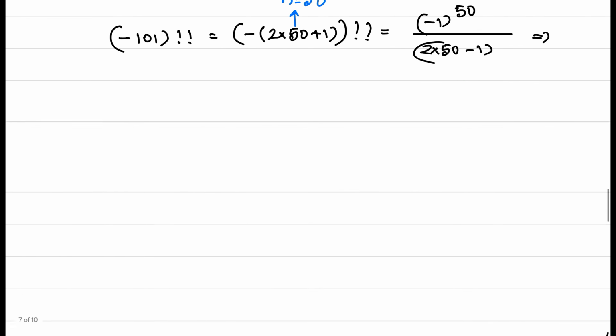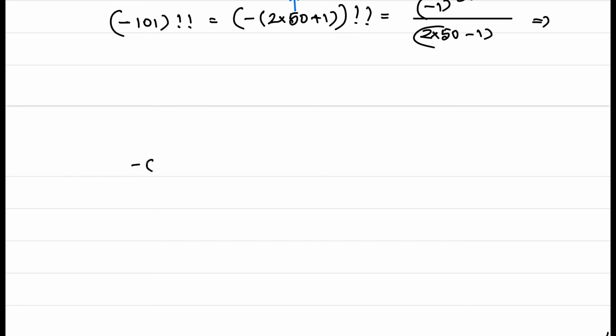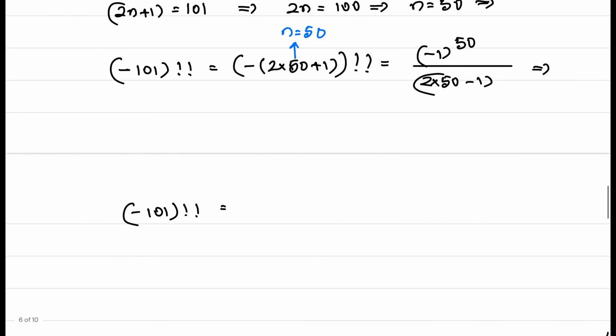That implies minus 101 double factorial is equal to 1 divided by 99 double factorial, since 100 minus 1 is 99.